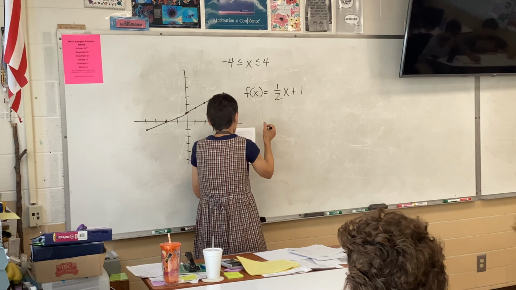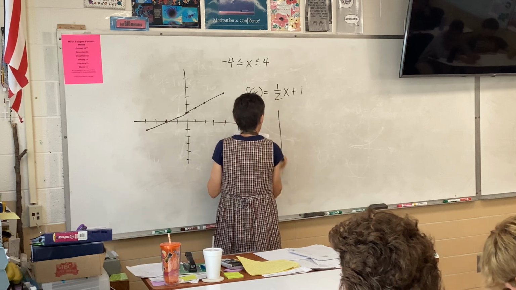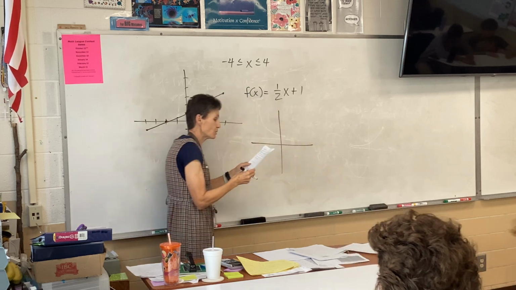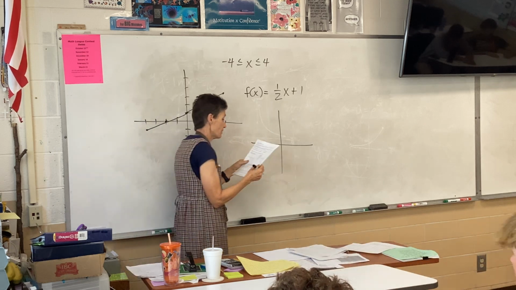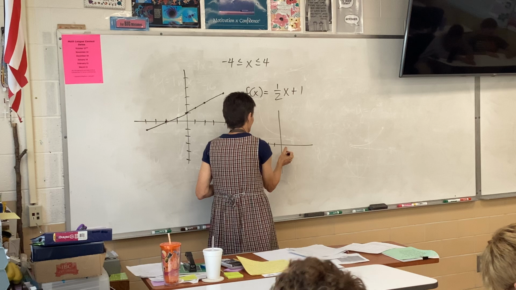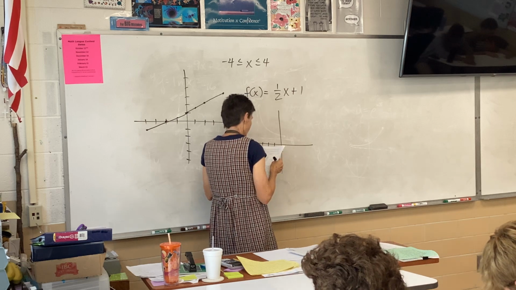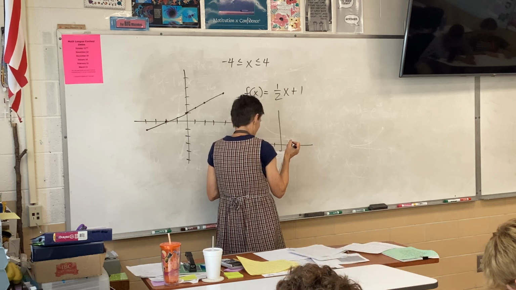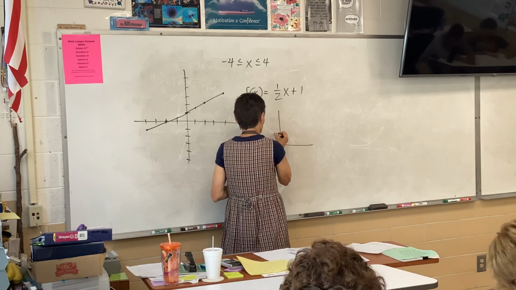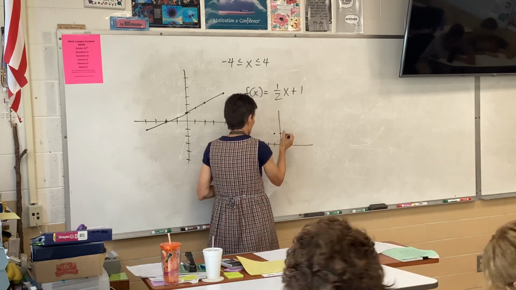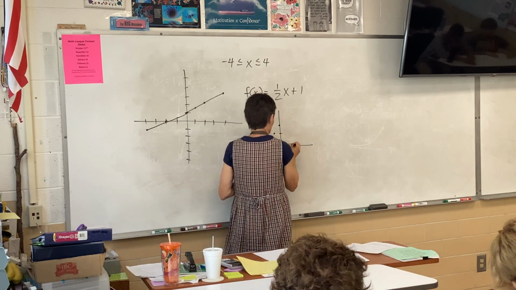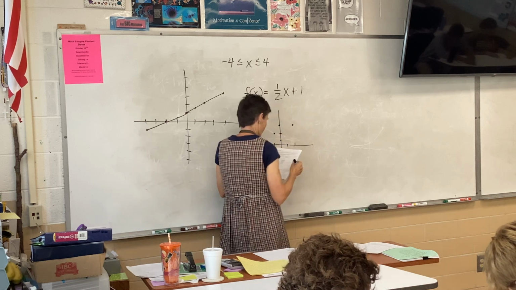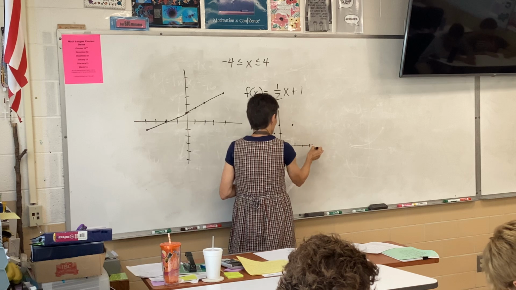All right, how about B? Now we have a table of values. And a table of values just represents a bunch of ordered pairs, right? So -4, -1; -1, 2; 0, 3; 2, 3; and 4, 1.